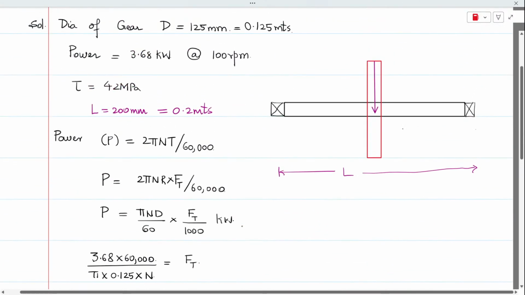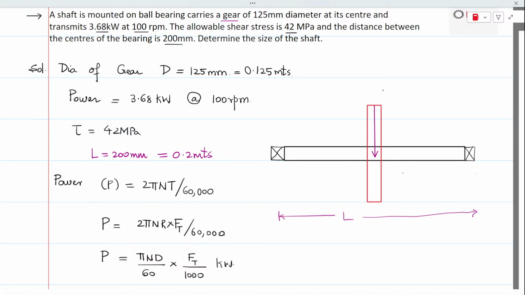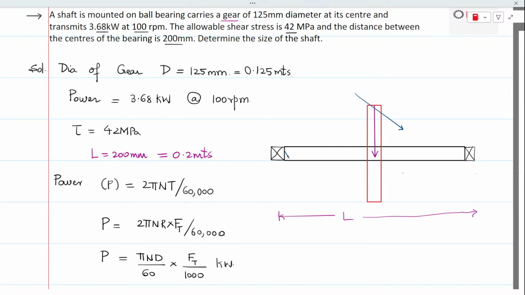So this was a simple numerical wherein you had only a single arrangement on the shaft. Now let's try to understand what happens if there are 2 point loads on the same shaft, and how we are going to proceed. As a reminder, I am not going to consider the radial force. Tangential force will be there, which is going to cause the bending of the shaft. In the question, the pressure angle, which is a parameter of the gear, has not been mentioned.